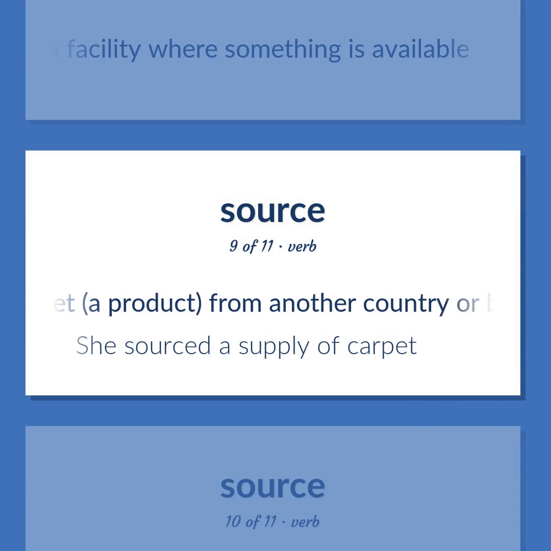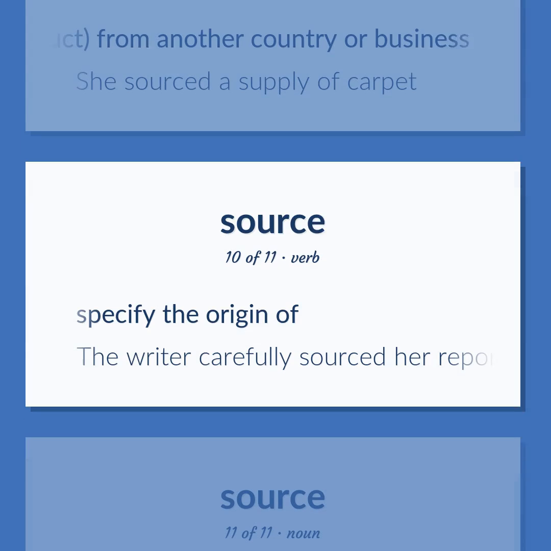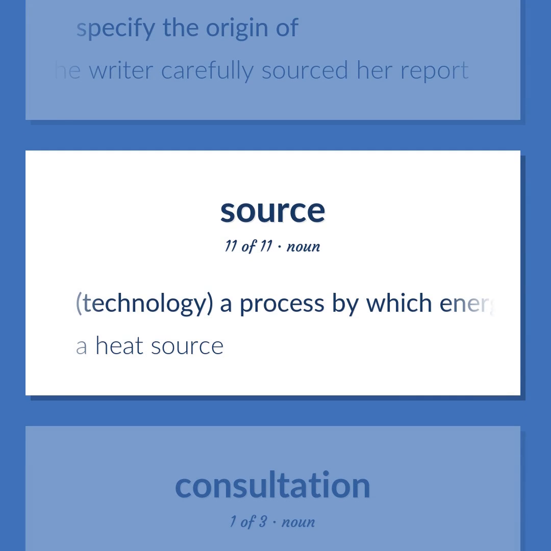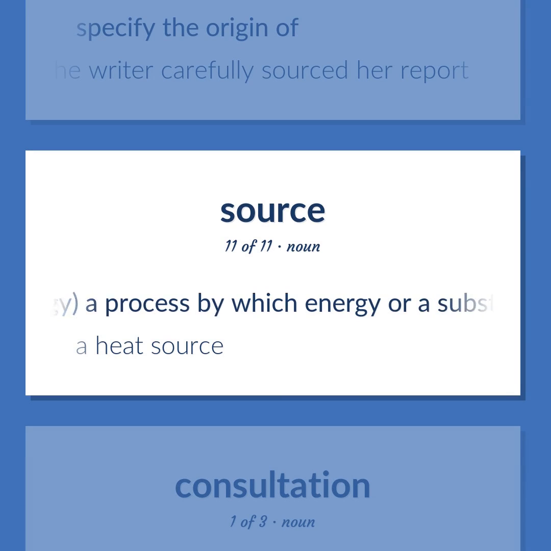Get a product from another country or business. She sourced a supply of carpet. Specify the origin of. The writer carefully sourced her report. Technology. A process by which energy or a substance enters a system. A heat source.